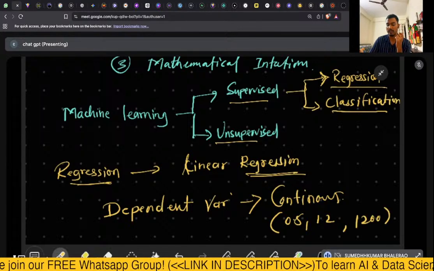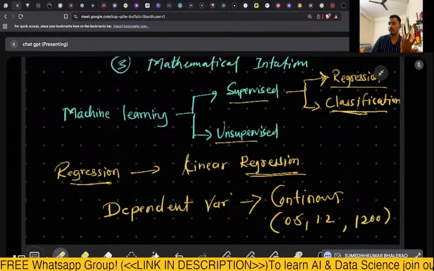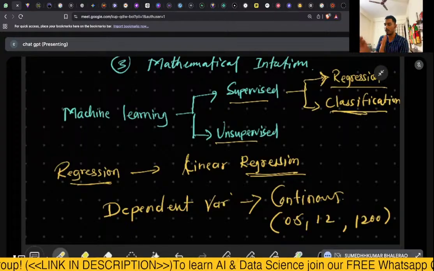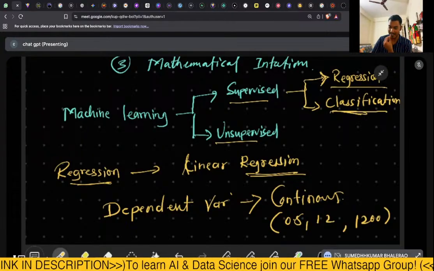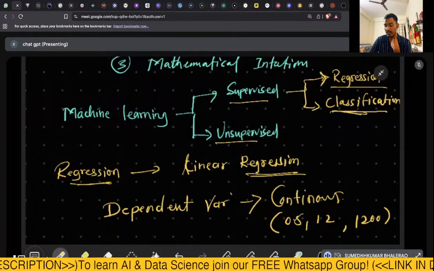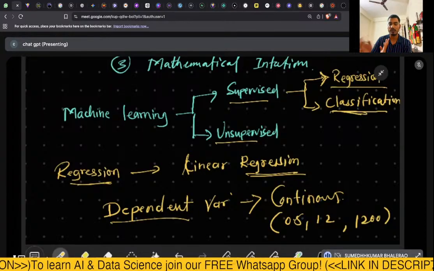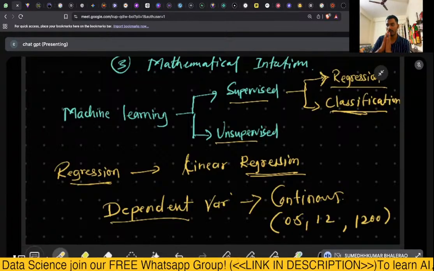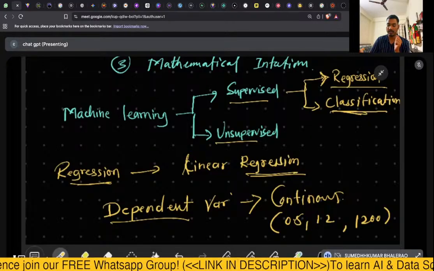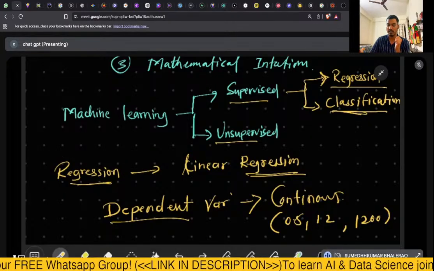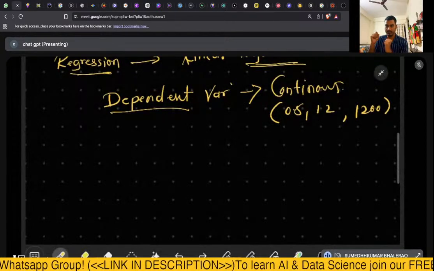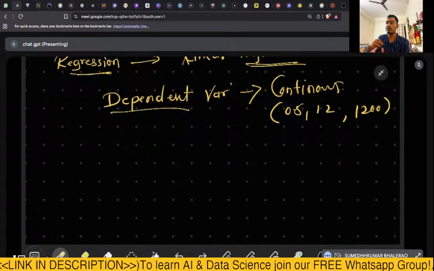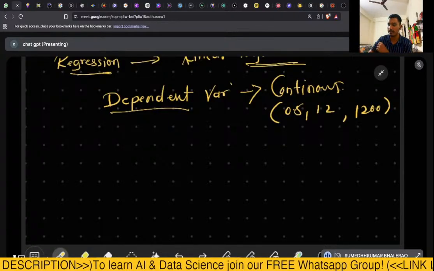The classification problems were like true, false, rain, not rain, white, blue, things like that. But in regression, we are predicting numbers, or numerical values, continuous variables. Let me give you one example.